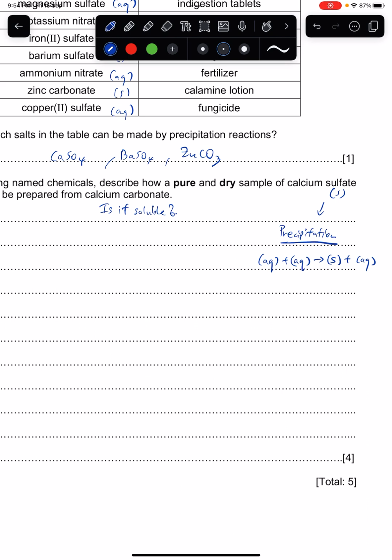So what's happening here? I need to get CaSO4 solid. That means I need calcium something something (aq) plus something something sulfate (aq). Make sense? Because each of them contributes half, fair, right?